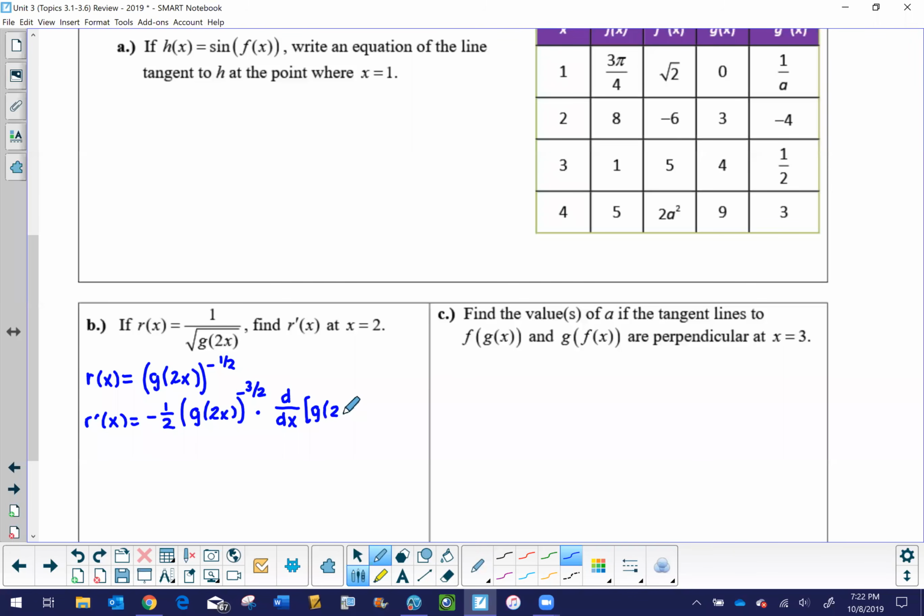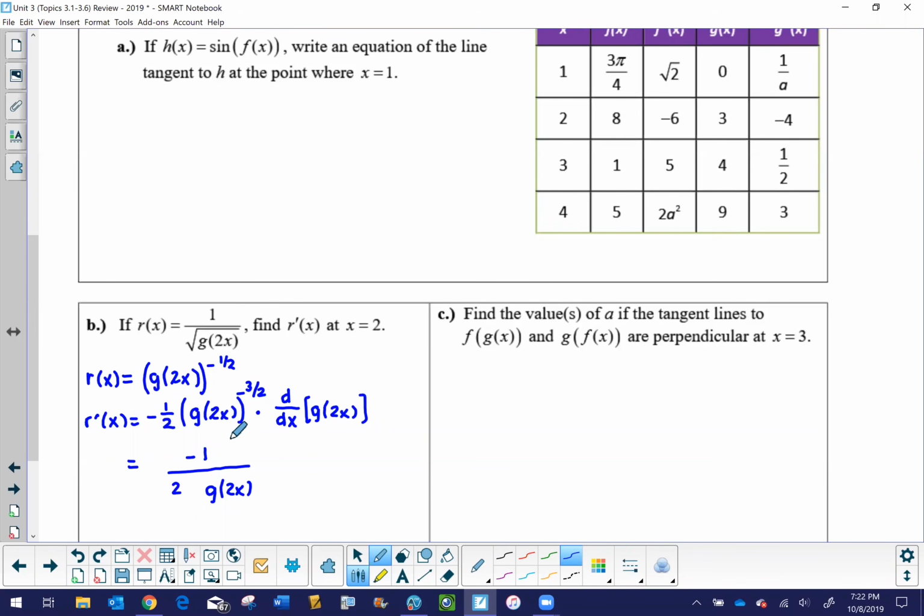I'm not going to necessarily take the derivative just yet. Now, for the next step, if you want to take care of the negative exponent, you certainly could. So we could keep the negative 1 on top, the 2 on bottom, and then g of 2x.